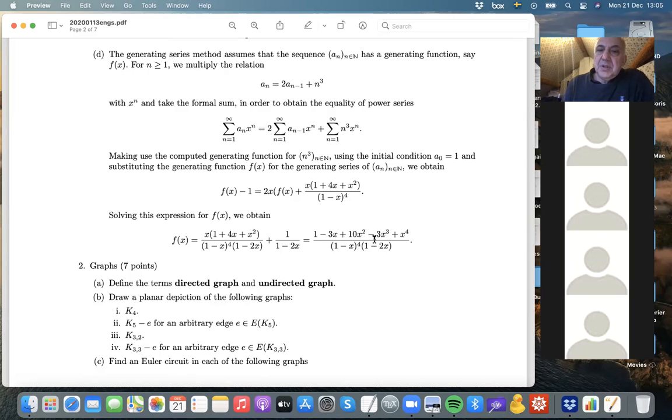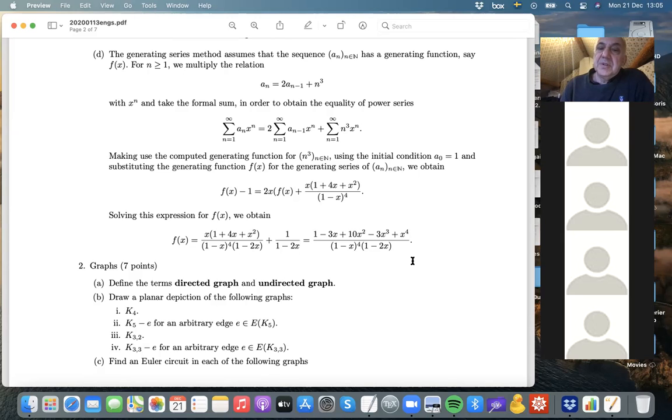This is also a geometric progression, 1 plus 2x plus 2 squared x squared and so on. So in principle, at least on a computer, it's an easy exercise to transform this nice closed form for the generating function into a concrete recipe for how to calculate each specific a_n.